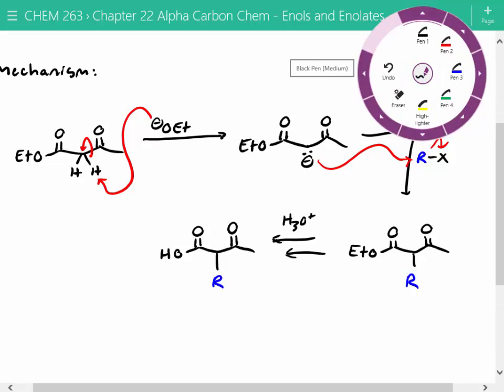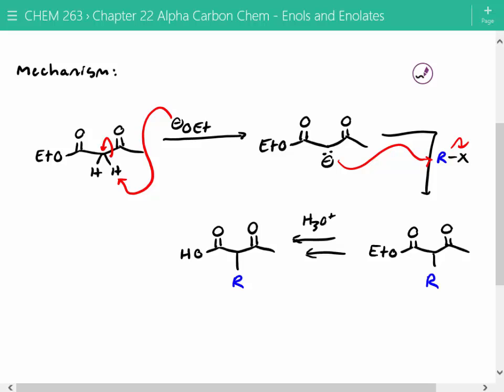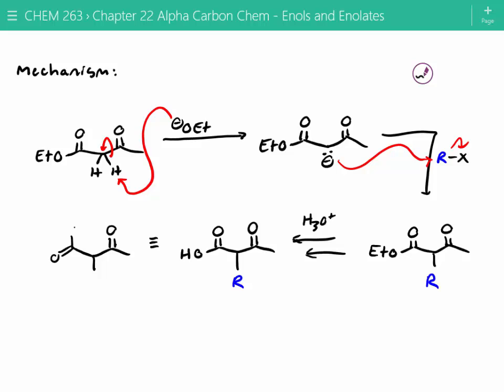And just like in the other example, we can draw it in a different configuration. Let me actually make this a bit shorter. So we're going to spin around that carboxylic acid.